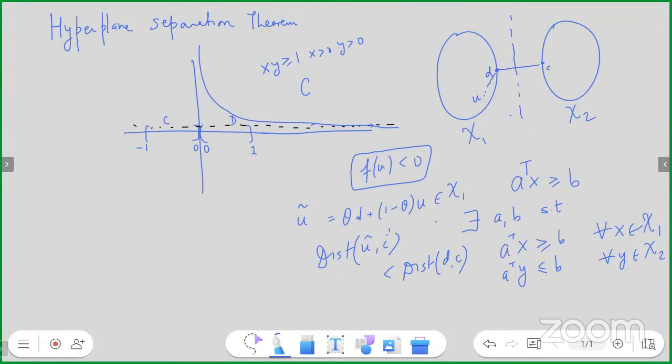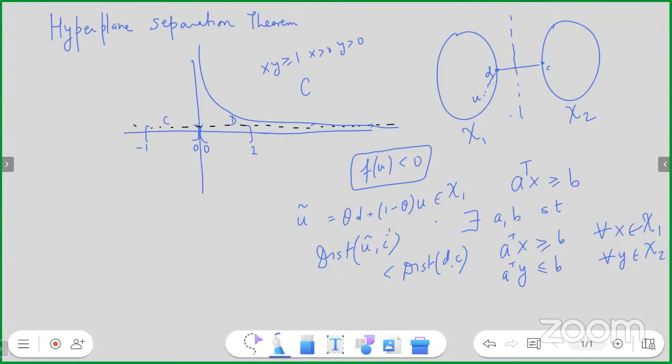And all of this was created with such a property, just starting from this, nothing else, just rewriting the definition of the hyperplane. So all we created was, because of the convexity, this point lies in chi1. Now, if this was not convex, I could not have claimed that u tilde belongs to chi1.